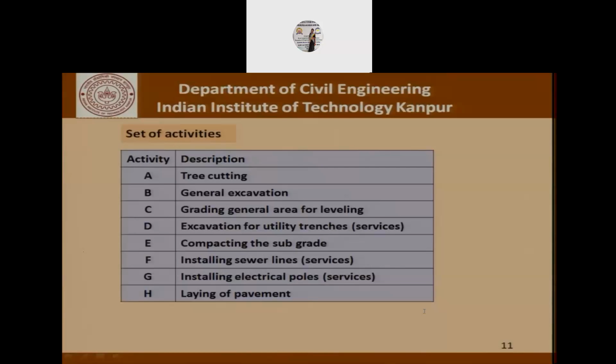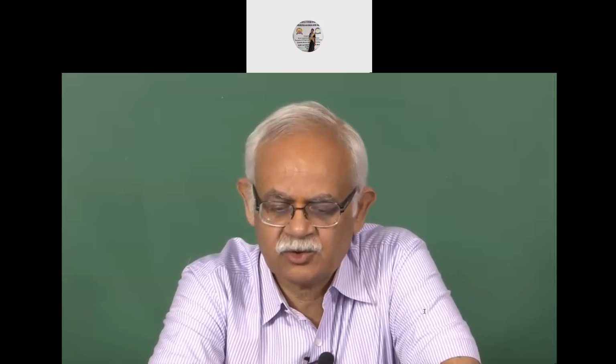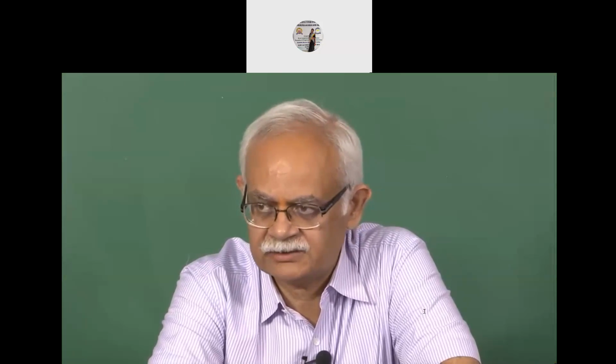So we have broken down a project of pavement construction into these 8 activities. I must point out at this stage that this is not necessarily the only way in which this activity breakup can be done. It depends on the engineer as to how he defines the different activities.